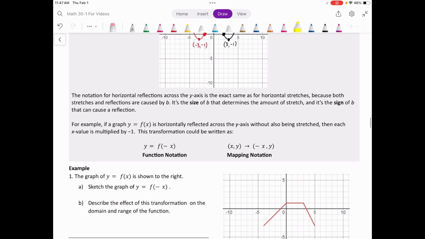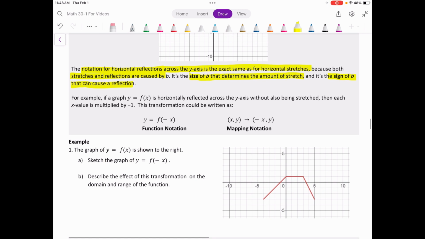So it's the exact same notation. Again, you don't have to learn any new parameter. It's still just b that's causing this reflection because b gets multiplied by every x. Well, 1 over b does. So it's the exact same as for horizontal stretches because both are caused by b. It's the size of b, the number, that determines the amount of stretching, and it's the sign of b, positive or negative, that can cause a reflection if it's negative.